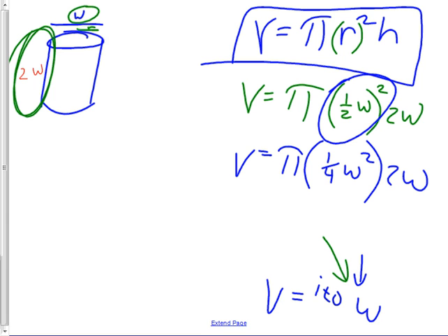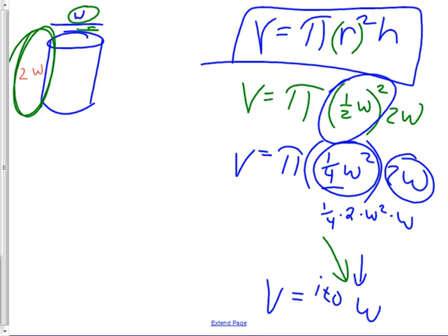Now I can multiply by a pi and by a 2W. That order does not matter. But I'm going to put the 2W with the 1/4 W squared. And I'm going to do it in a strategic way. 1/4 times the 2 times the W squared times the W. Do you get all I did is rearrange these things?